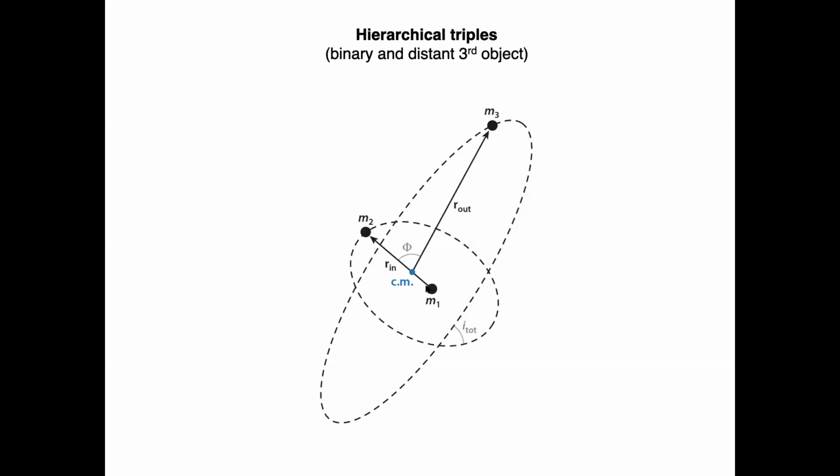You have the inner binary, in this case labeled the bodies M1 and M2, and a distant perturber. As long as you can assume that the distance R_in of the inner binary is much smaller than the distance to the outer perturber, this approximation applies. The approximation of ignoring the higher terms in R_in over R_out applies, and you can keep only the second order term.